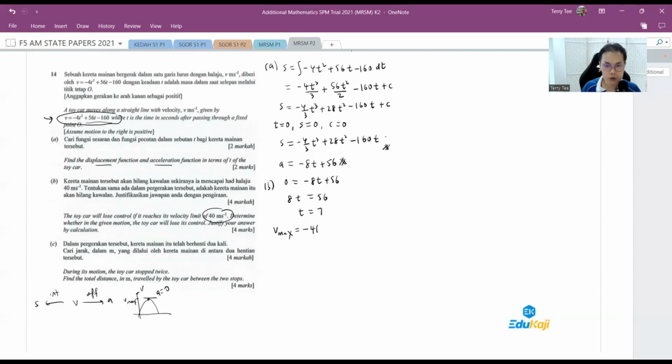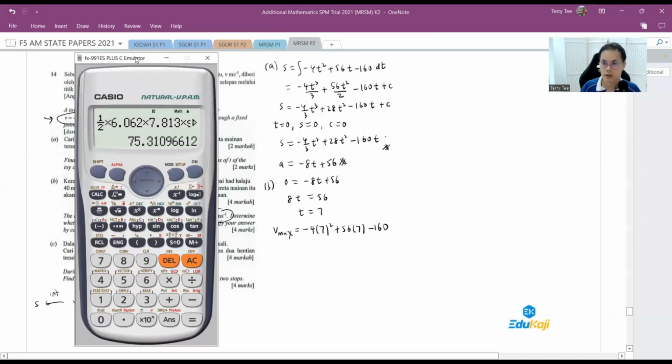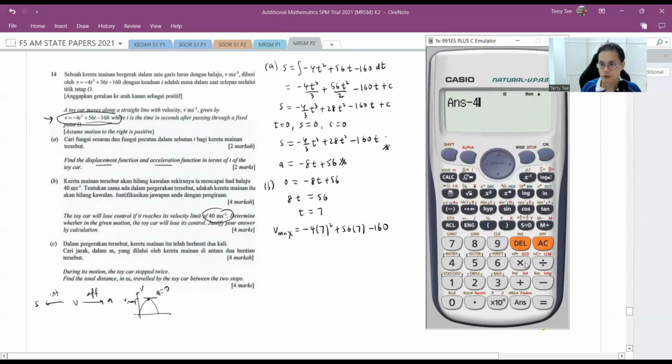So this is negative 4 times 7 squared plus 56 times 7 minus 160. Let's count. Okay, so this answer is 111. Let me try one more time, I think I typed wrongly.